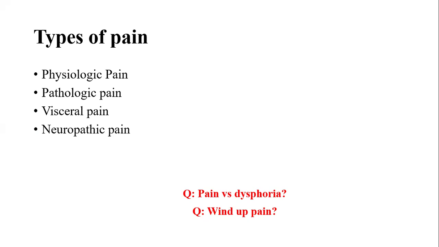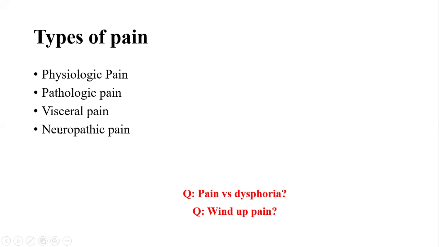And then the visceral pain, as the name indicates, is the pain which is because of stress, strain, or any abnormality in the visceral organs like GIT, liver, bladder, stomach. So the pain in any visceral organ will be known as visceral pain. And the most important type of visceral pain is colic in horses.